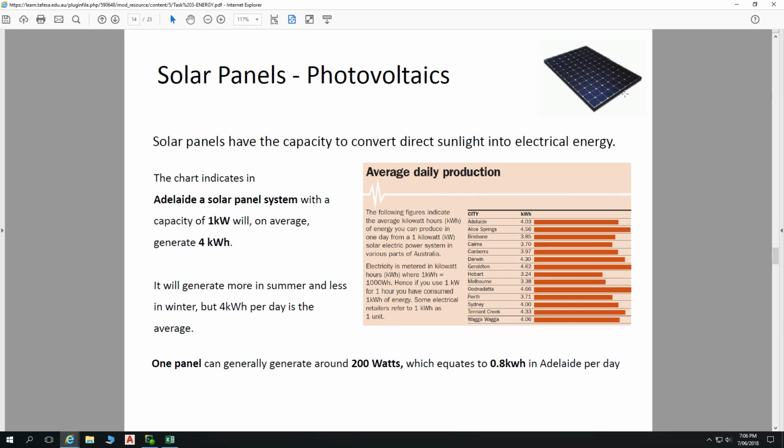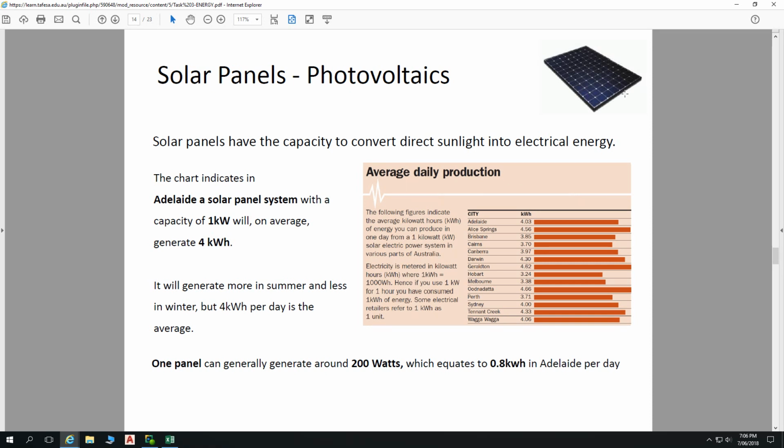Because of, you know, clouds and sun direction, etc. But that varies slightly between locations. So Adelaide 4.03, but Alice Springs 4.5. Other sunny areas, Oodnadatta as well, and then less sunny areas like Hobart at 3.24.